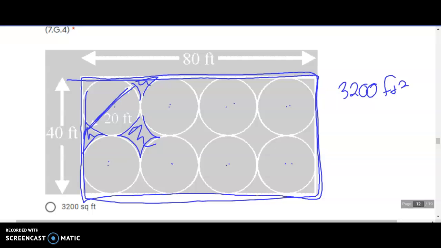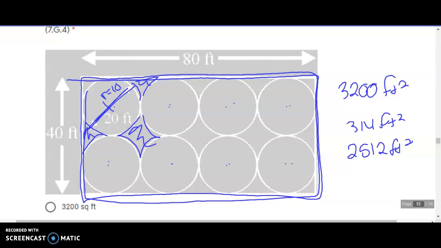Then this 20 feet right here means it has a radius of 10, so the area is going to be 3.14 times 10 squared, or 314 feet squared for each one of these sprinklers. But there are 8 of them, so it has a total area of 2,512 feet squared.